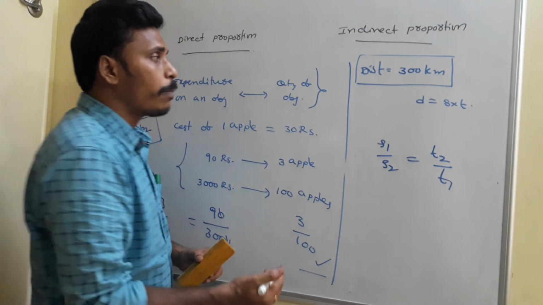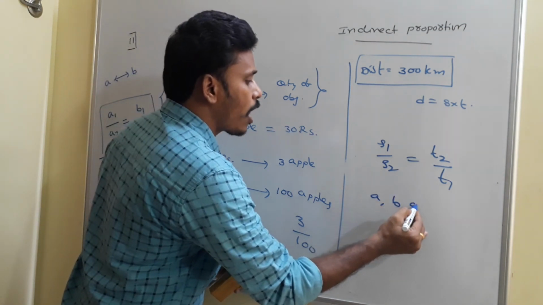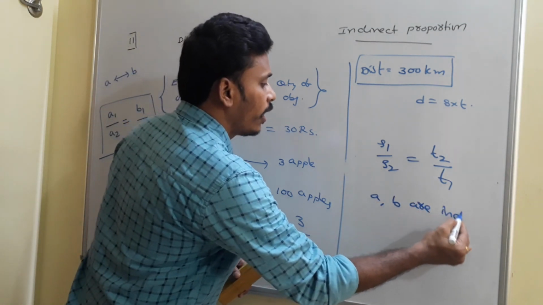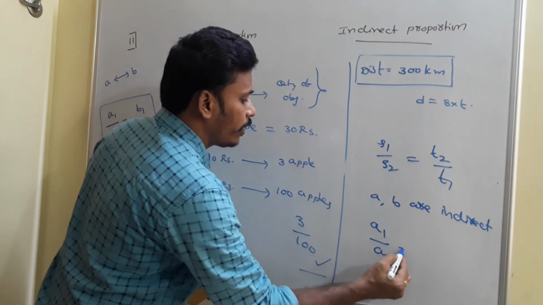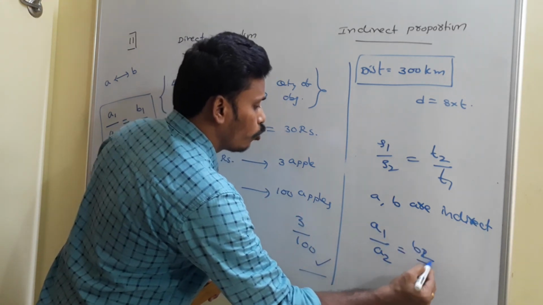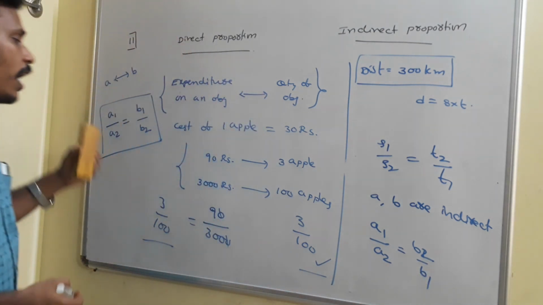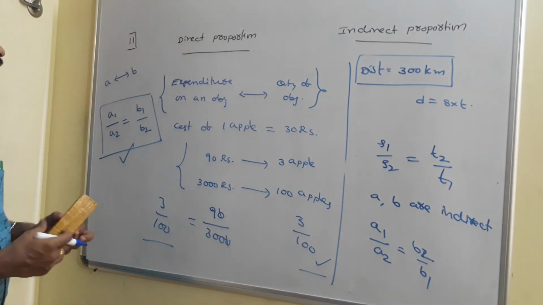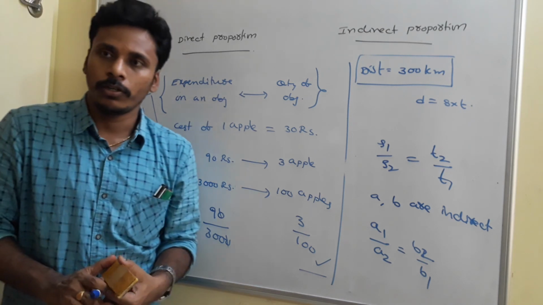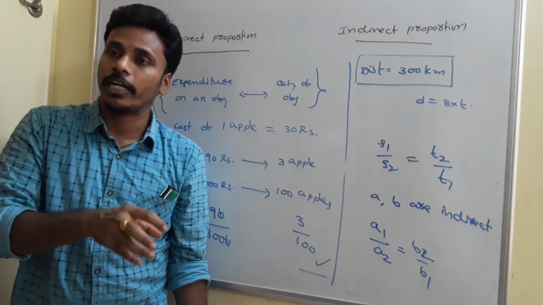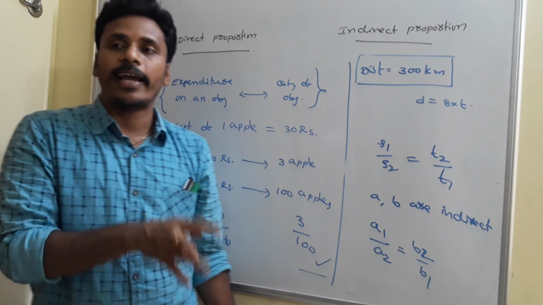As an example, if A, B are in indirect proportion, then we have to mention that A1 by A2 is equal to B2 by B1. But if A, B are in direct proportion, then we need to say that A1 by A2 is equal to B1 by B2. This is a basic concept related to direct proportion and indirect proportion.